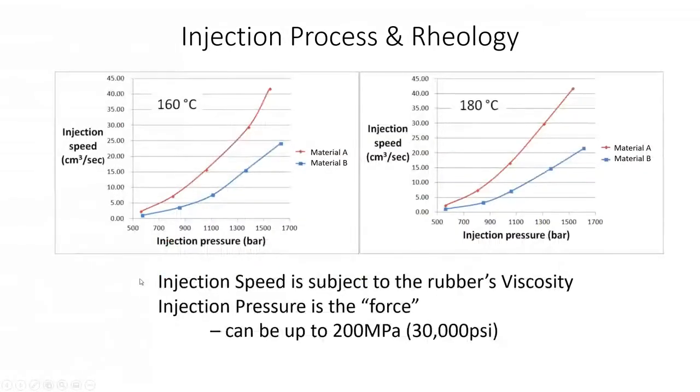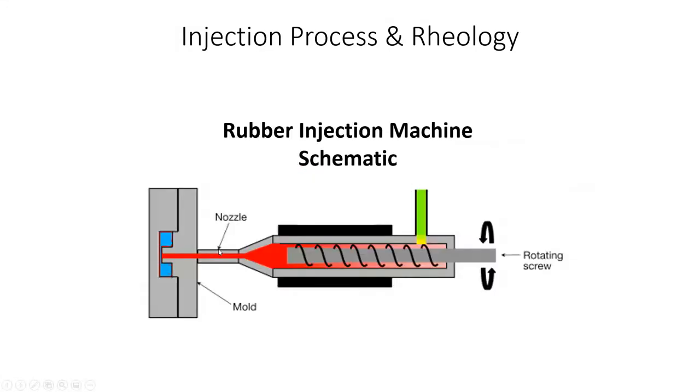So I'm going to give you, first of all, probably the 25,000 foot view of why this is important. What you're seeing is a material A and a material B with mold temperatures set at two temperatures, 160 and 180 C. And what we're seeing is the injection speed on the y-axis as compared to the injection pressure placed in this screw and barrel.